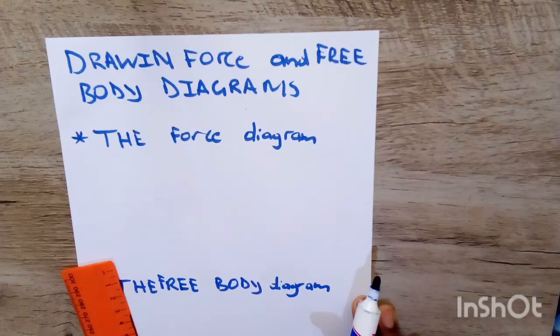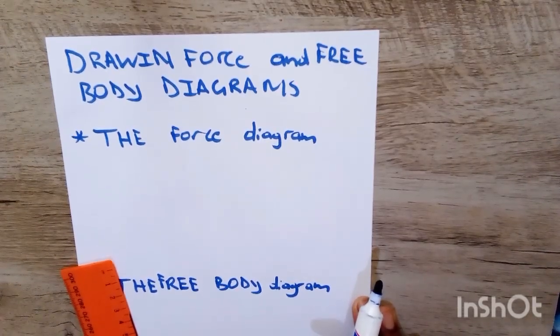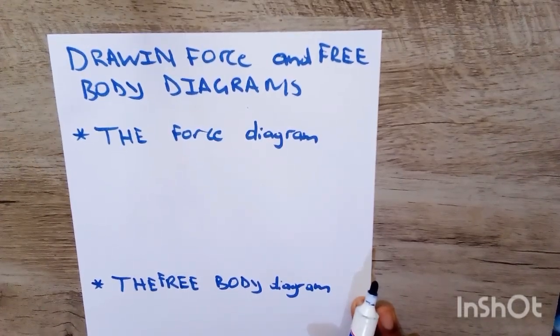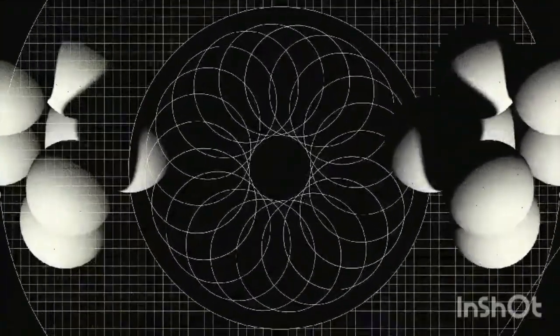The first diagram is the one where the object is represented as a block and the forces as vectors. Now I'm going to show you the differences between the first diagram and the free body diagram, and I'm also going to apply them on an incline.